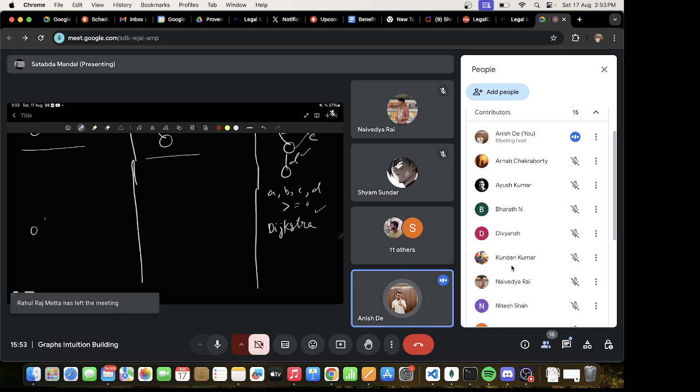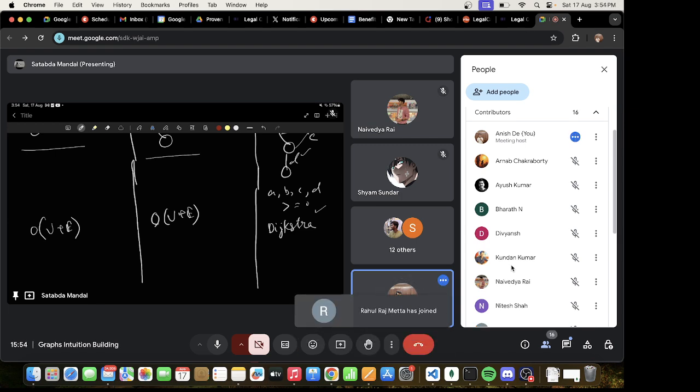Because the time complexity here is V plus E, here it's also V plus E, but it has a higher time complexity because you are using a deque here. In the implementation, you are using a deque, so it uses a higher constant multiplier. So the first choice is BFS, then you look for 0-1 BFS, then you look for Dijkstra.